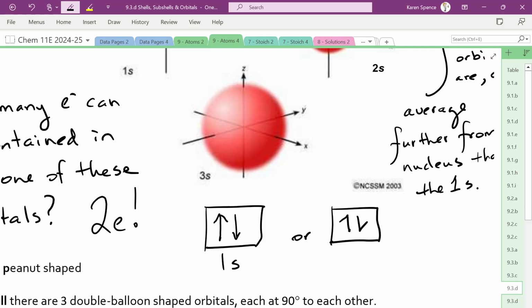And if you're interested in what the up and down means, it has to do with the spin of the electron. Okay, so the up means it's spinning one way and the down means it's spinning the other way.